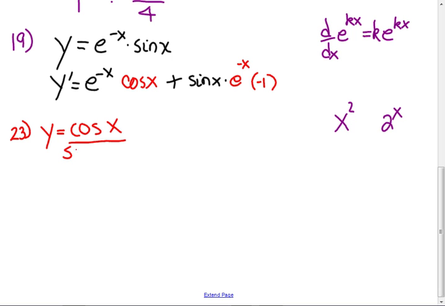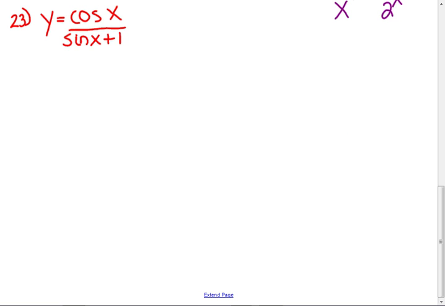Because this one can be simplified. Now, if it's free response, I would not simplify it after I'm done. But if it's multiple choice, because this is doable, I might have to simplify that. So how are we going to do this? Y prime equals the denominator, sine of x plus 1, times the derivative of the numerator.